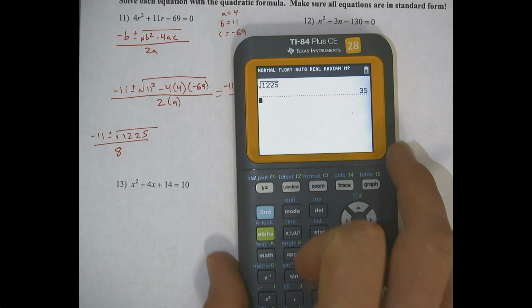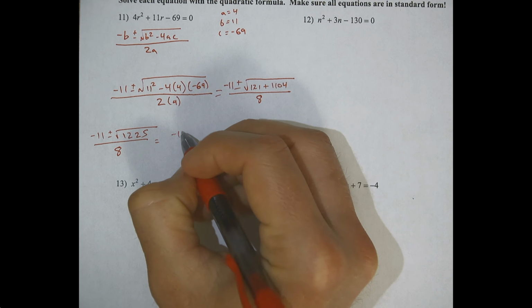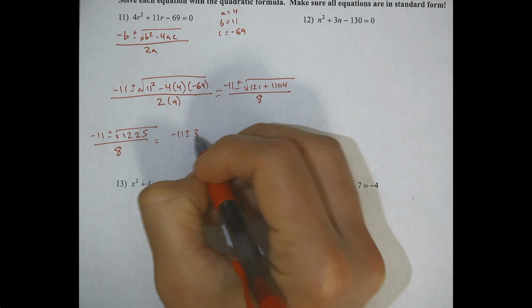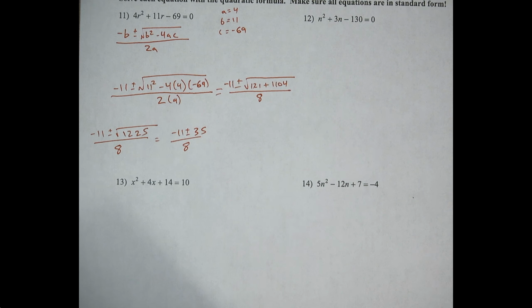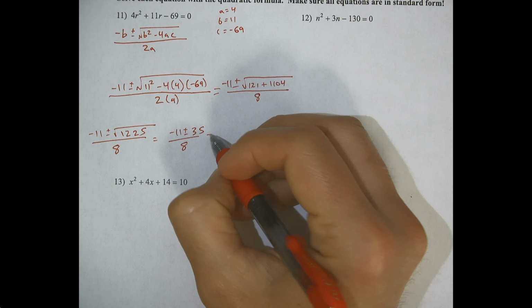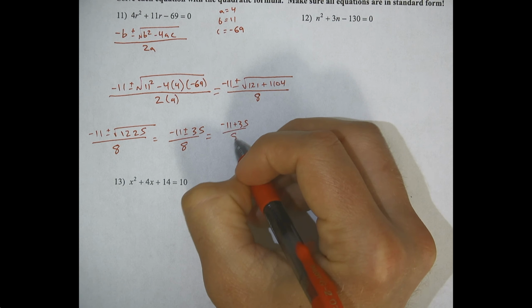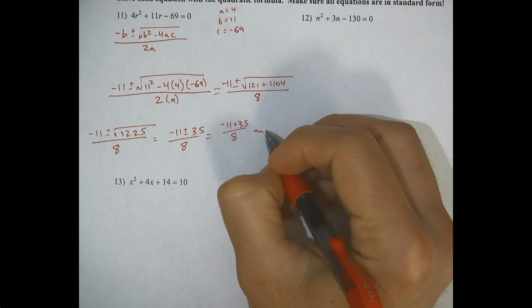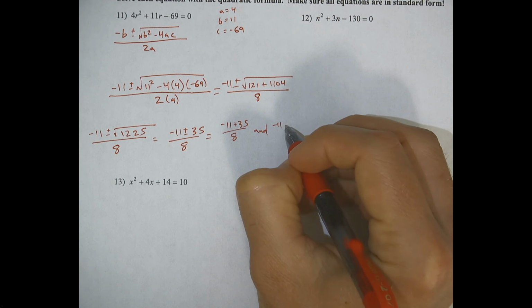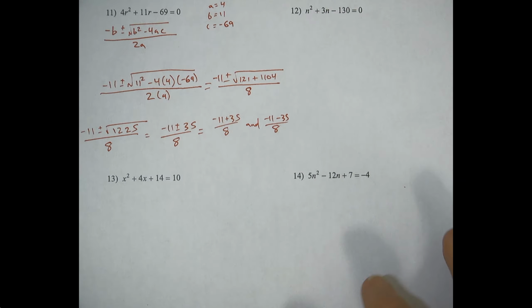And it's a nice even 35. So this becomes 35. So it's negative 11 plus or minus 35 over 8. So I've got to solve this two different ways, once with the plus and once with the minus. So negative 11 plus 35 divided by 8 and negative 11 minus 35 over 8. That's going to give me my two answers.